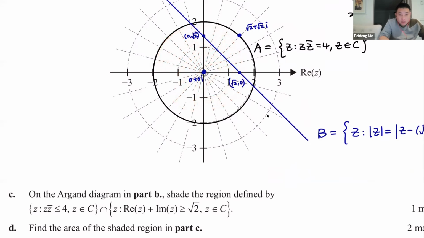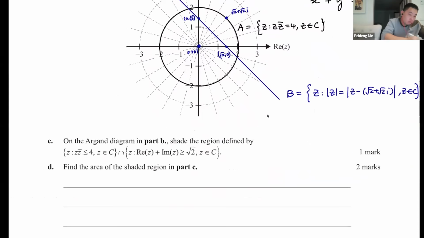And real Z plus imaginary Z is greater than or equal to root 2. That means X plus Y is greater than or equal to root 2. So Y is greater than or equal to minus X plus root 2. Well, with the equal sign there, it only represents a straight line. But now you have Y greater than or equal to that straight line, which means anything above this line.